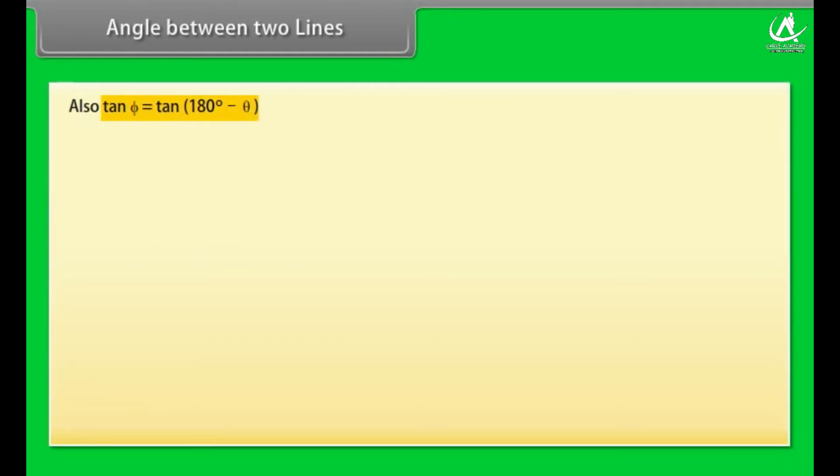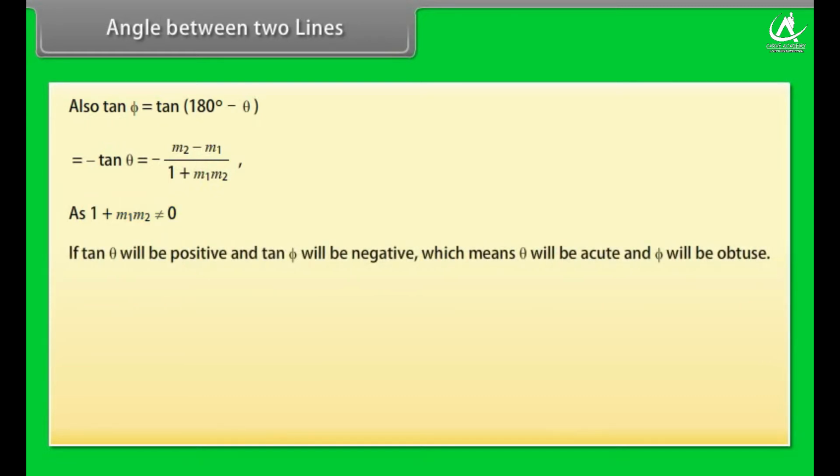Also, tan phi is equal to tan of (180 degrees minus theta) is equal to minus tan theta is equal to minus of (m2 minus m1) divided by (1 plus m1 m2), as 1 plus m1 m2 is not equal to 0. If tan theta is positive and tan phi is negative, which means theta will be acute and phi will be obtuse.